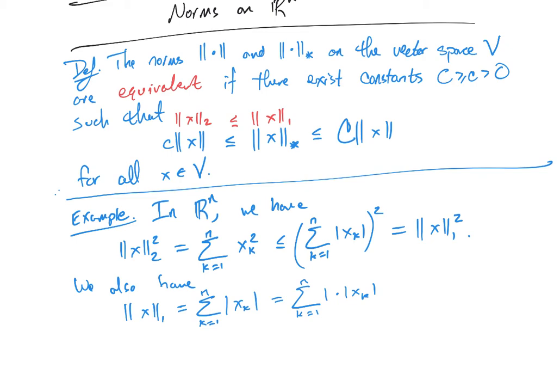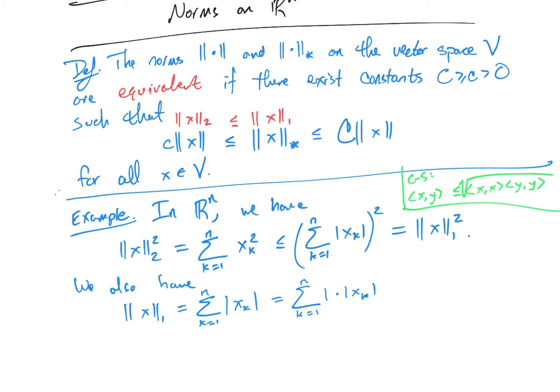Cauchy-Schwarz says the inner product of x with y squared is less than or equal to the inner product of x with x times the inner product of y with y. Actually, let's get rid of that square, so I will square root both sides. We can do that because on the right-hand side, those are both positive by the rules of inner products.